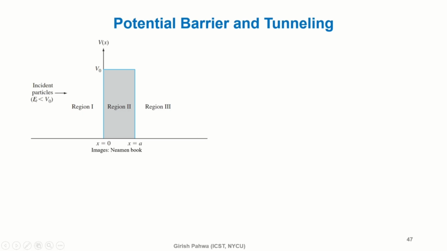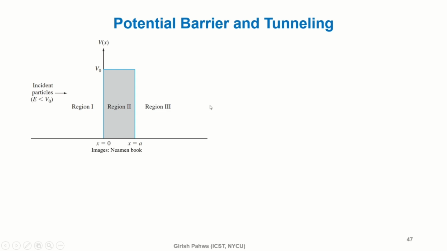If I incident the particle classically from here, it can't cross this region and reach region number 3. It will just bounce back. If you incident the particle from left to right, it's just going to bounce back from this potential. Classically not possible.